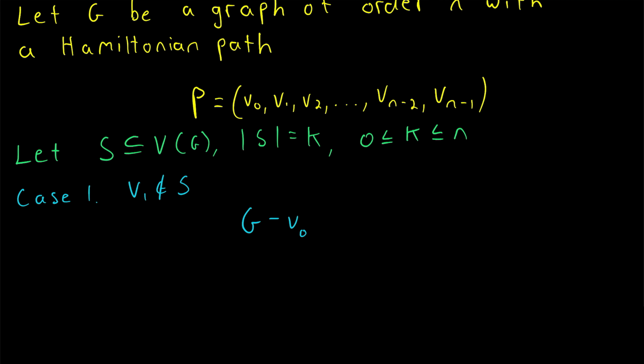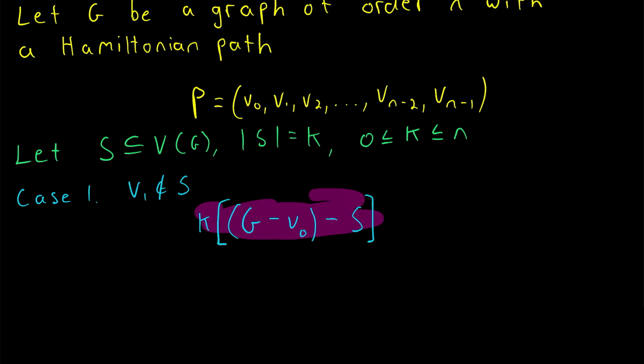So if we look at this graph, G minus the first vertex of the Hamiltonian path, V0, then subtract this vertex set S, how many components does this graph have? And instead of parentheses, let me actually use square brackets there. So how many components does this graph have? Well, we can use our induction hypothesis to answer that question.